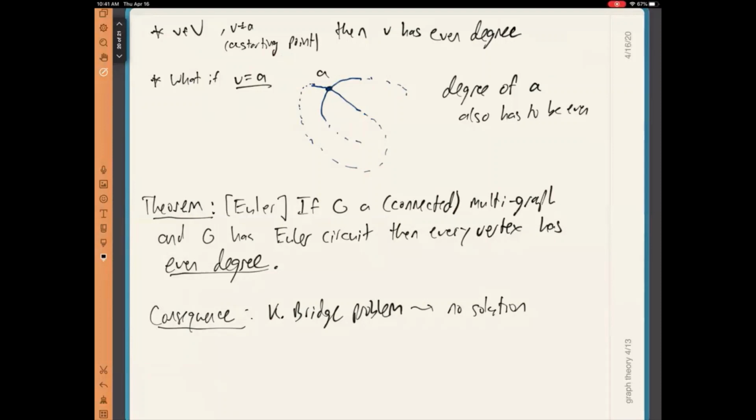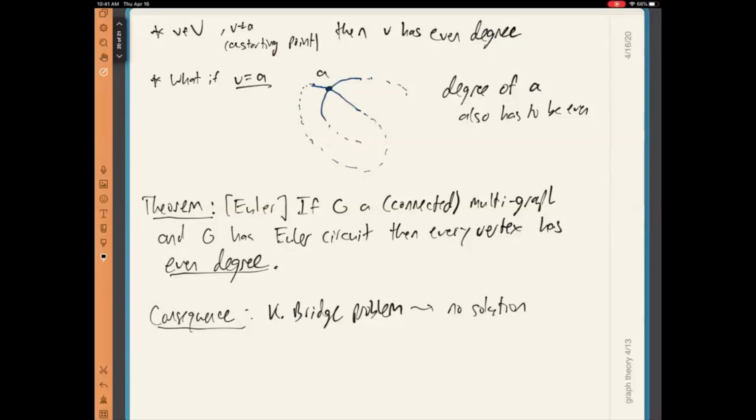And so, well, one thing you may ask is, okay, so we know that if a graph G with these properties has an Euler circuit, then every vertex has to have even degree. And so the next question to ask is, well, suppose I just gave you a graph and you know that every vertex has even degree.